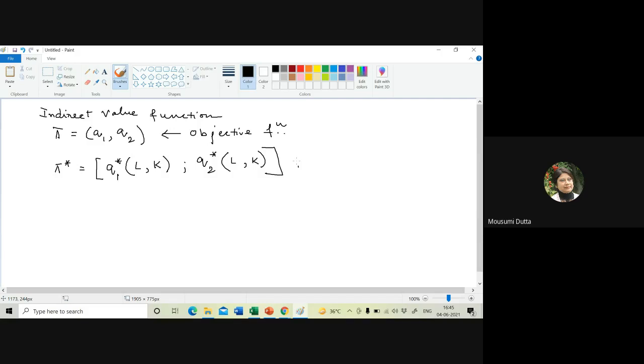Once you put these values in the profit equation, you get pi star. So once you get pi star, which is a function of Q1 star and Q2 star, and Q1 star and Q2 star are functions of something else, this is called the value function, or indirect objective function.